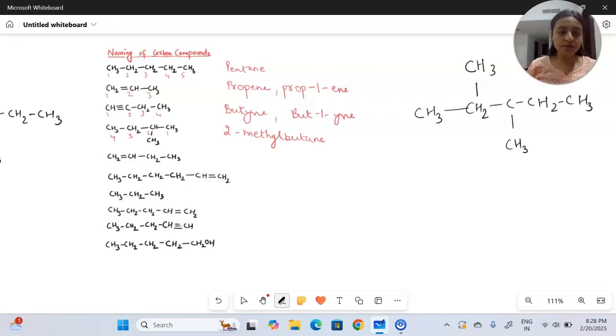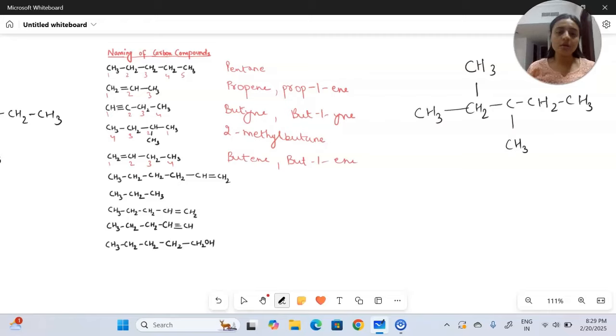Now the next one is this, 1, 2, 3 and 4. So we will take it as 4. So you can have it as butene, or you can give it a name like but-1-ene. Okay, either way is right.